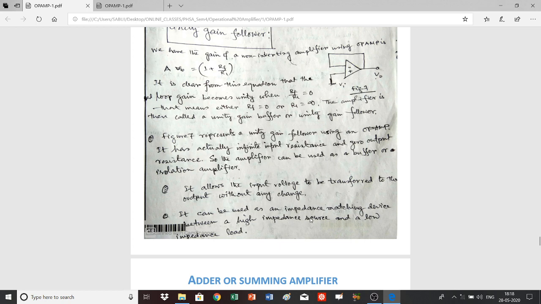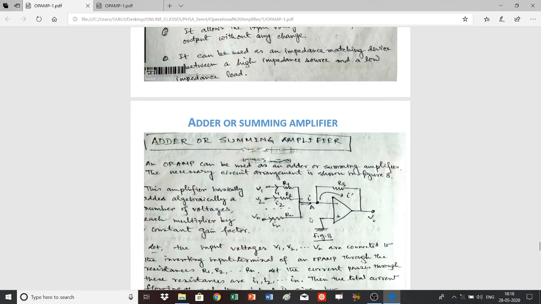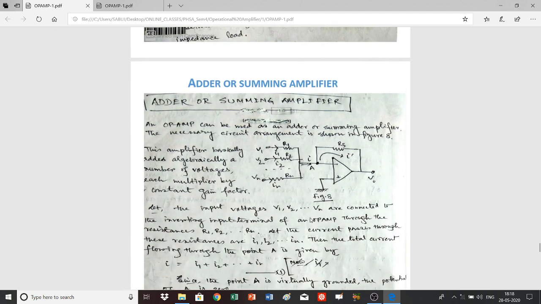Now we come to another application of OPAMP, which is the adder or summing amplifier. The basic diagram of a summing amplifier is shown here, and in this type of amplifier, the output voltage is made to be the sum of the input voltages.